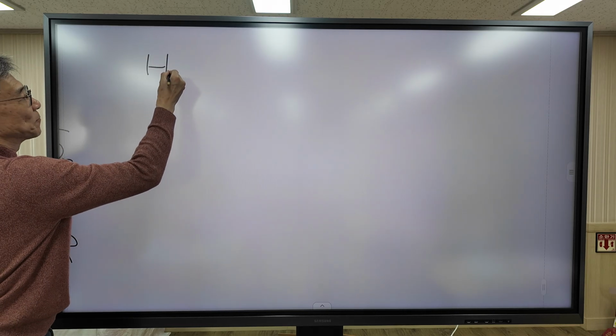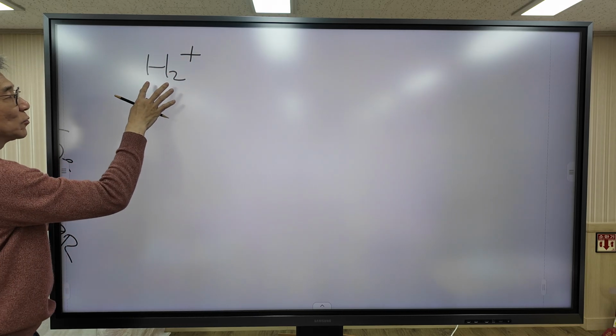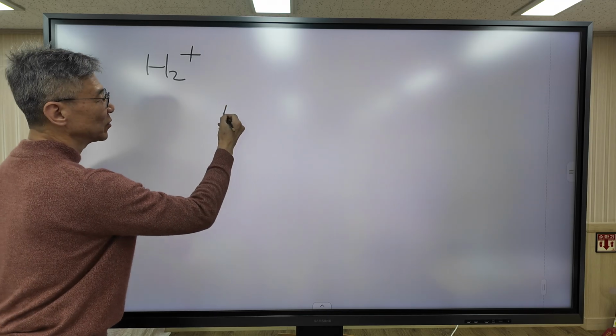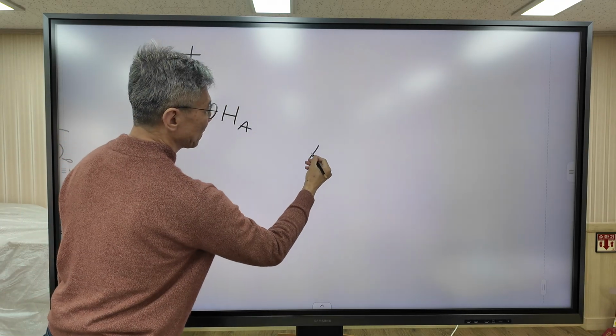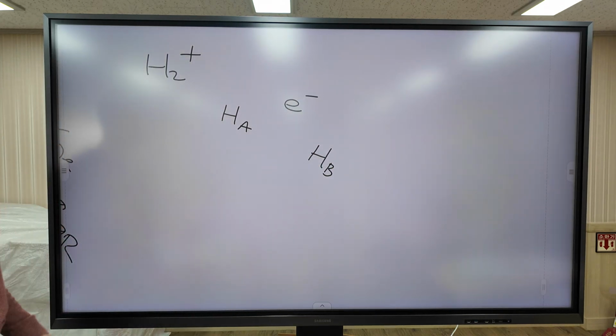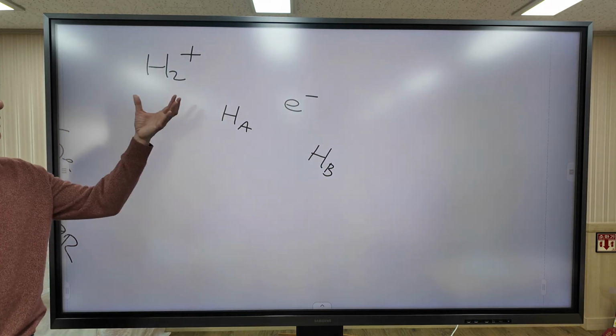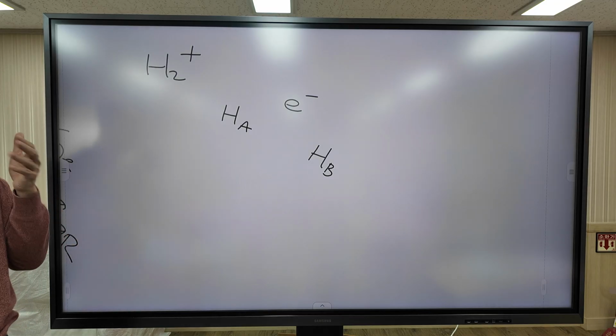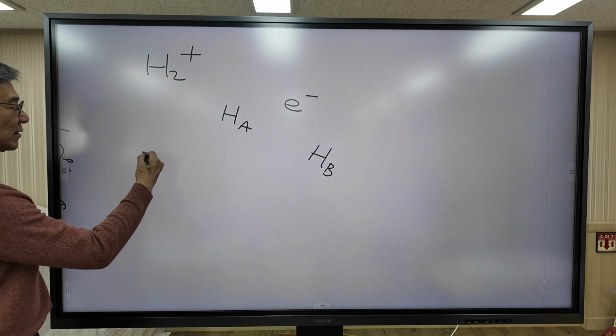So, the simplest atom is hydrogen, and the simplest molecule is H2+. H2+ consists of 3 particles, 2 protons and 1 electron. To describe this H2+, the wave function has the following form.